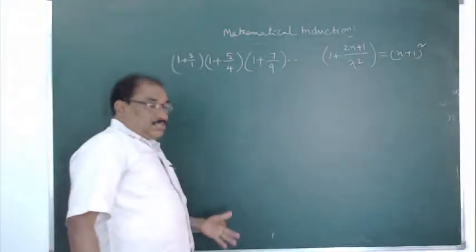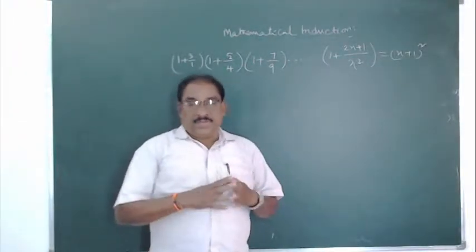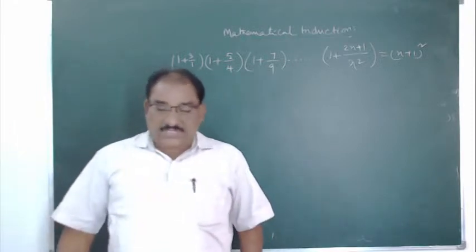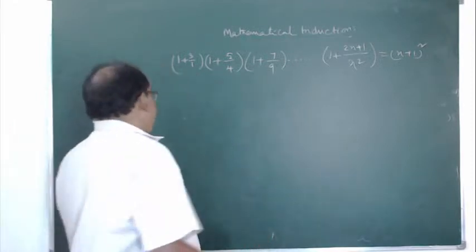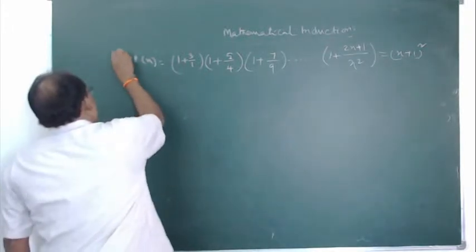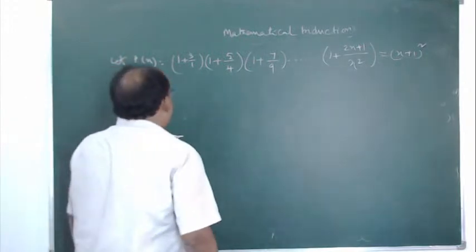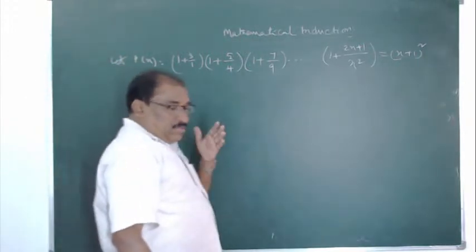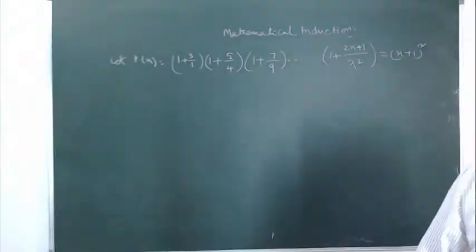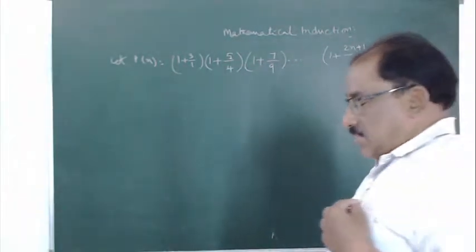See, this is also proved by 3 steps. Basis of the induction. Let P of n be equal to so and so. Here in the previous problems we observed there is a series, an adding series.